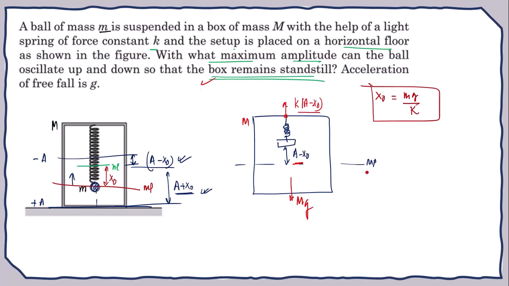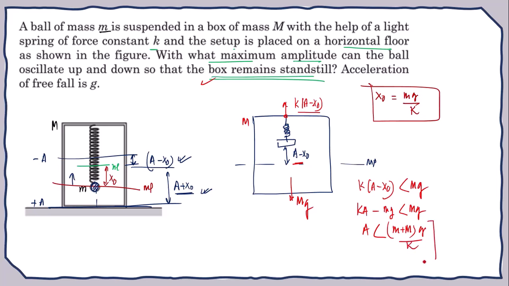So our condition is that in order for the box to be standstill, k times a minus x naught must be less than Mg. Okay. So from that I can get the expression for the amplitude value. So that is ka minus k x naught, which is mg, that should be less than capital Mg, or a should be less than small m plus capital M into g by k. So that will be your answer.